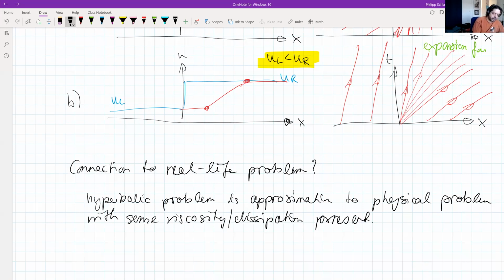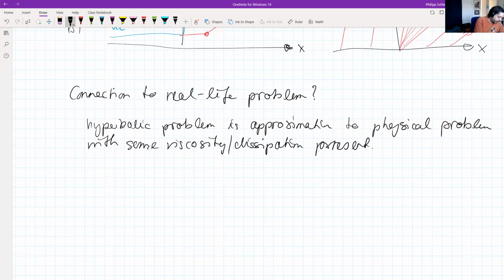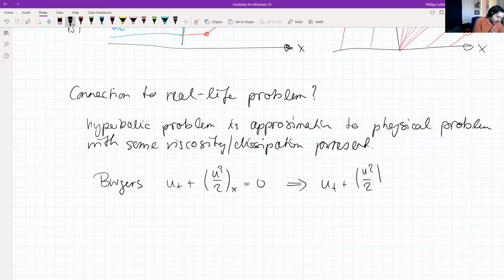So that means if we look at the Burgers equation, which looks like this: u_t plus the derivative with respect to x of u squared divided by 2 being 0, that is actually an approximation to the physical problem, which could look like this, where we have on the right hand side some viscosity times u_xx.